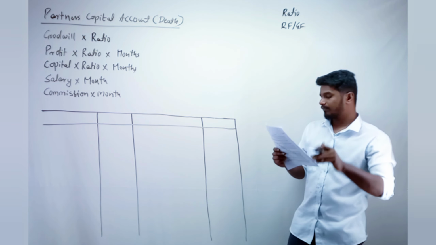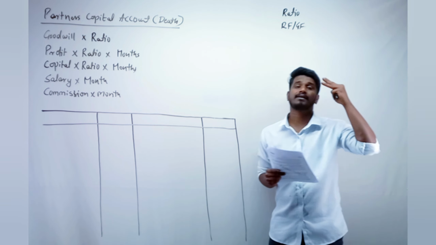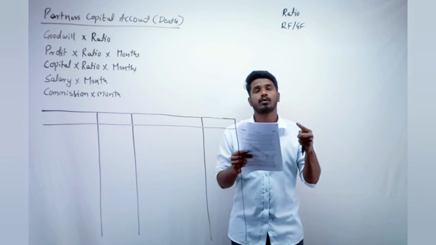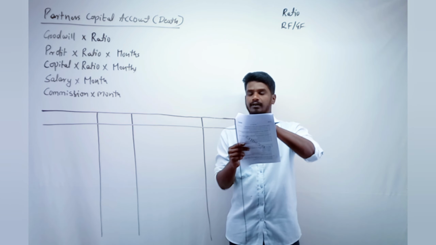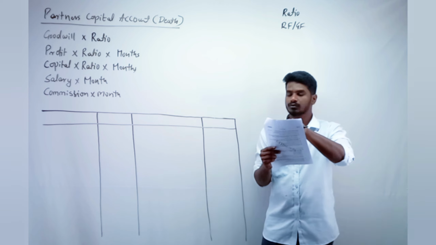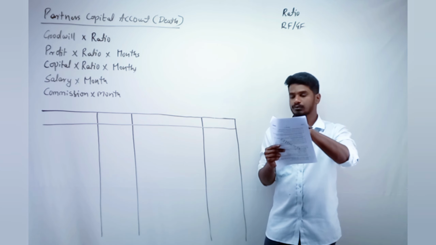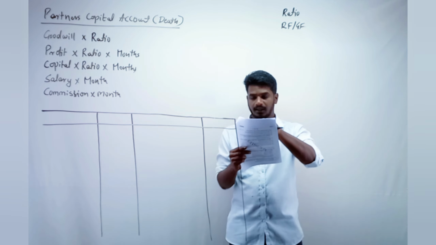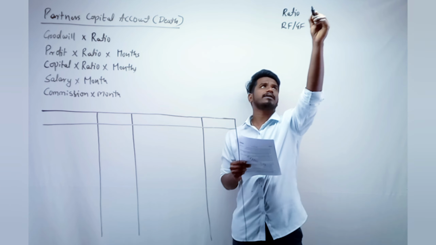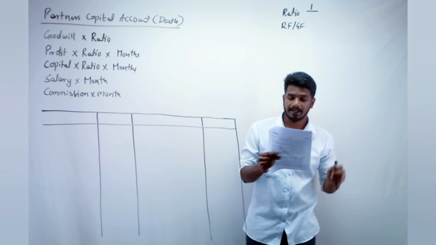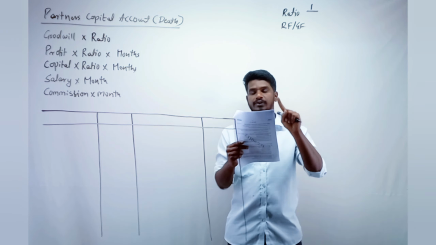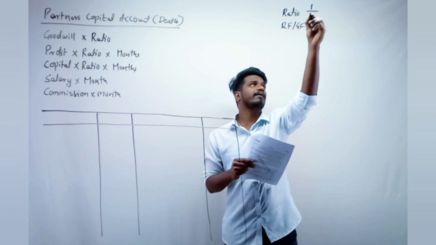So who died? Ratna died, that means the third person. Her ratio is 1. Correct. Shobha's is 2, for Sudha it is 2, and for Ratna it is 1. So which means 2 plus 2 plus 1, 1 divided by 5.